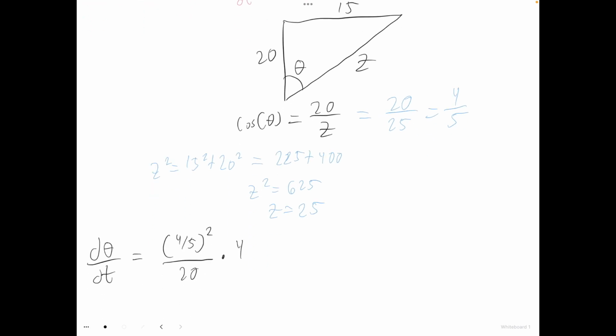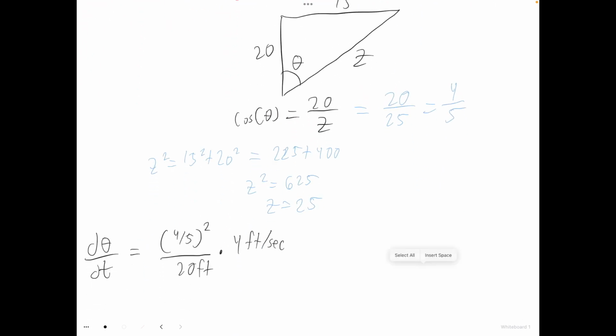And so we're going to have 4 feet per second here. And then this is 20 feet, just as a reminder, because that was the length that we were getting from before. And so this then gives us a value of 16 over 25 times 1 over 5. And then the feet cancel, so this is just per second.